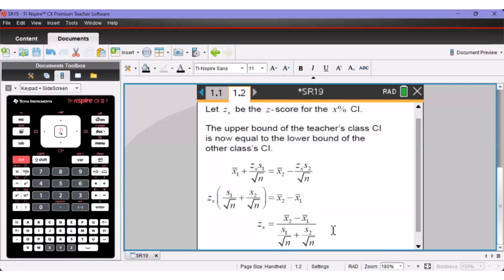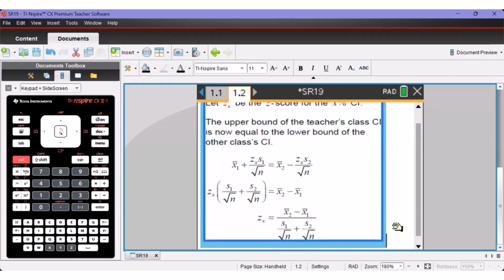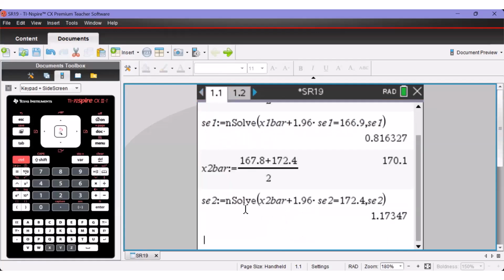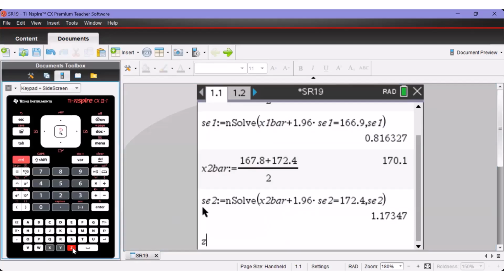Now, if we have a look at this expression, on Inspire we have x1 bar assigned, x2 bar assigned, SE1 assigned, SE2 assigned. So if we go back to our calculator application, let's assign ZX, so control symbols template.